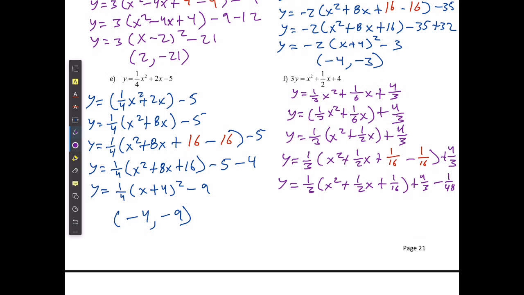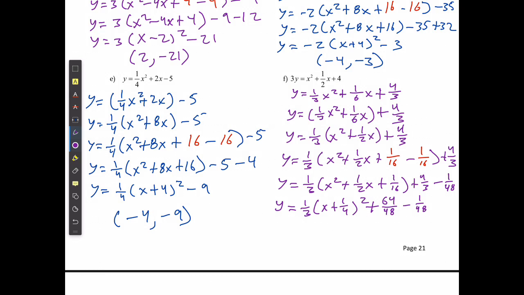Well, now I need to combine them over a common denominator. So I'm going to get 1 over 3 x, well in this one I can take the square root of this, it's going to be x plus 1 over 4 squared, and the 4 over 3 is suddenly going to become plus 64 over 48 and minus 1 over 48.